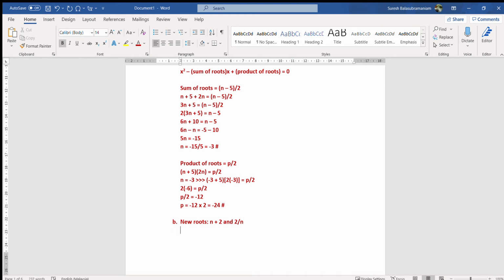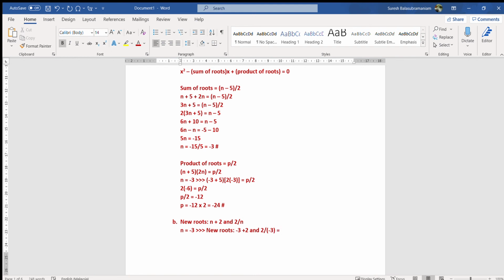So you know the value of n is negative 3. So replace n equals negative 3. So you'll get new roots are negative 3 plus 2 and 2 over negative 3.